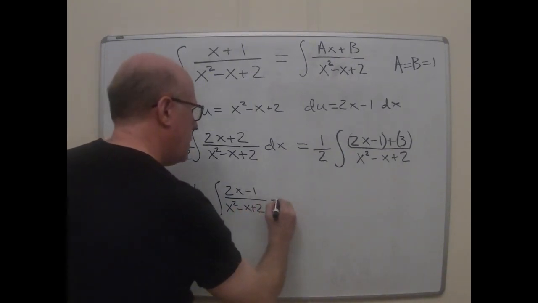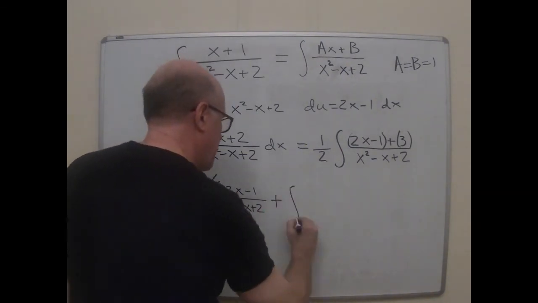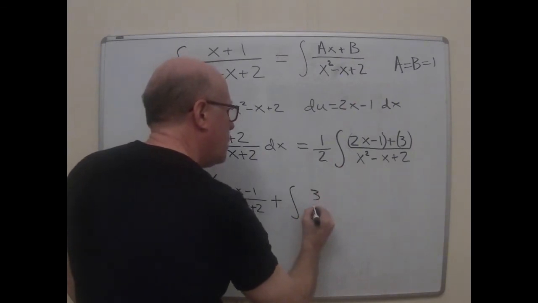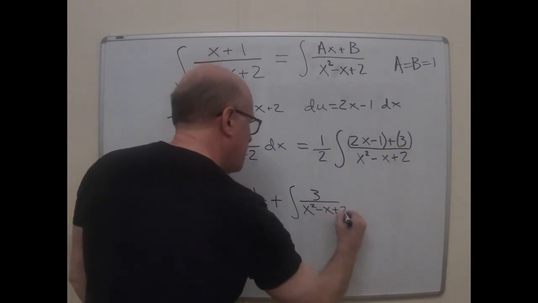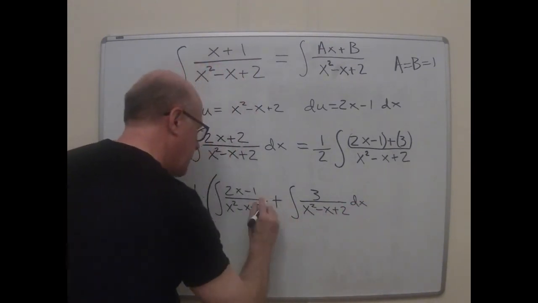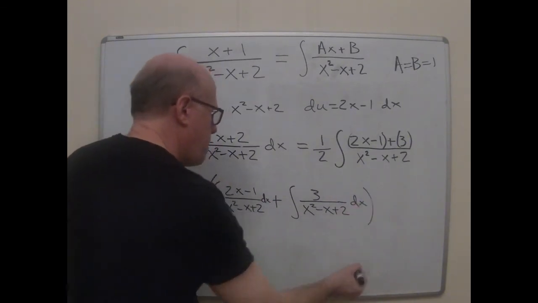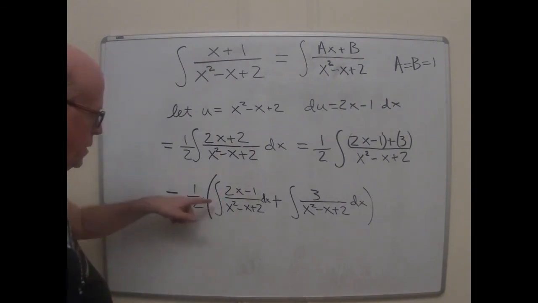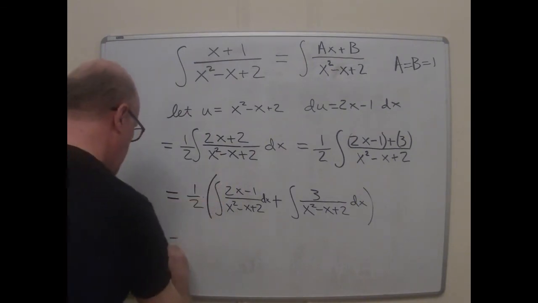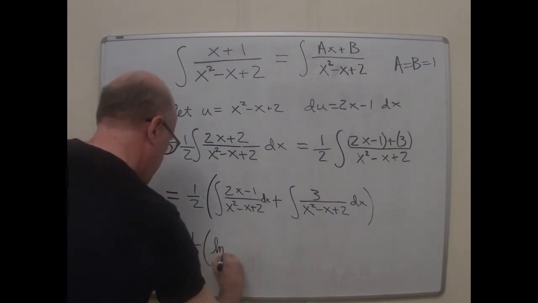And we'll also have that 1/2 applies to both of these, so a 3 over x squared minus x plus 2. This one needs a dx in there too. Okay. All right, so the first of these integrals is du over u. So that's easy. That's natural log of absolute u.